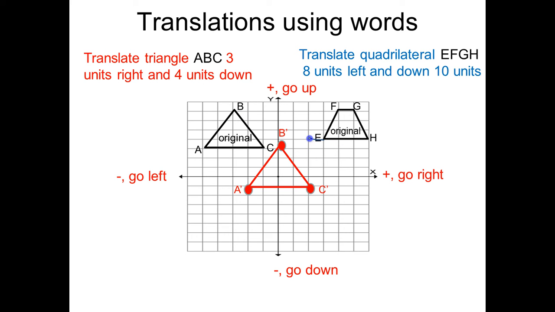So you start with your E and you go 8 units to the left, and then you're going to go down 10 units, and that's your E. Didn't go down quite far enough. My H, so one of the ways you can do H is you can start back here at H and you can go 8 units to the left and simply count it, 10 units down.